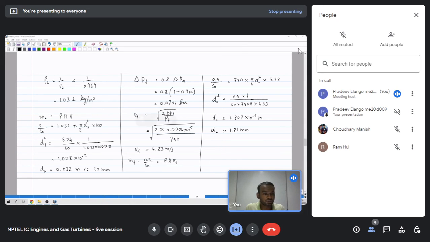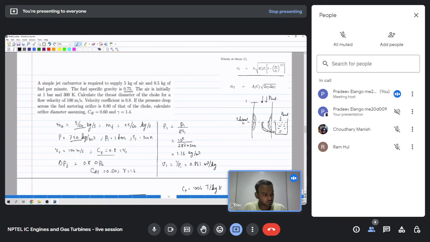I just want to know if you have seen these derivations or this formula during the coursework, during the video, and you have understood it earlier, or you haven't seen the videos at all, or how is it? Can you write in the chat box, or you can unmute and talk to me?